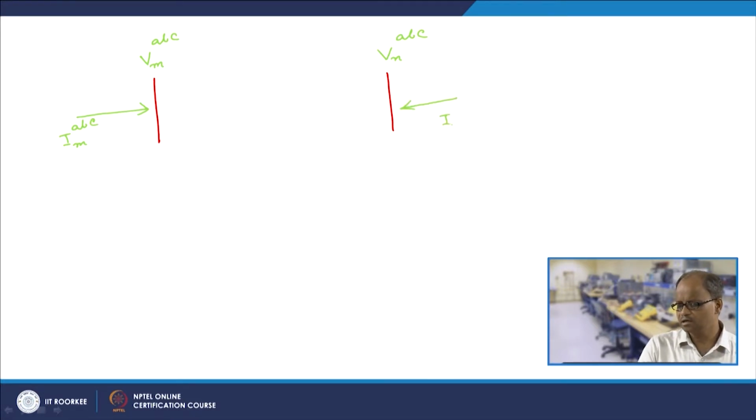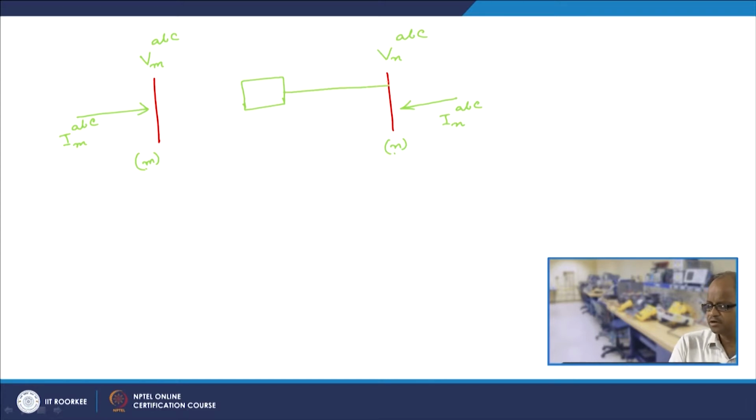This voltage is V_MABC, this voltage is V_NABC, this current is I_MABC, this current is I_NABC, this is bus N and this is bus M, and the line is being represented by a 3 cross 3 matrix, and the half line charging susceptances are also represented by a 3 cross 3 matrix.